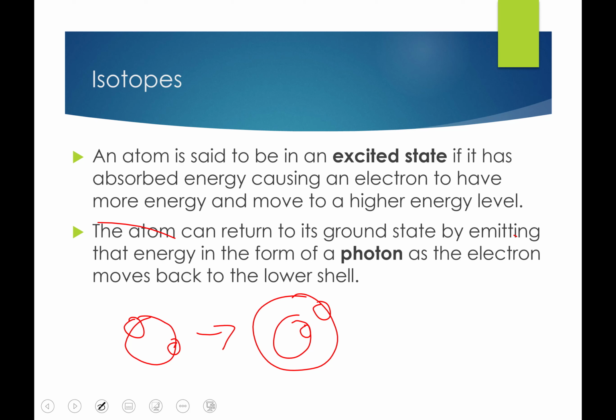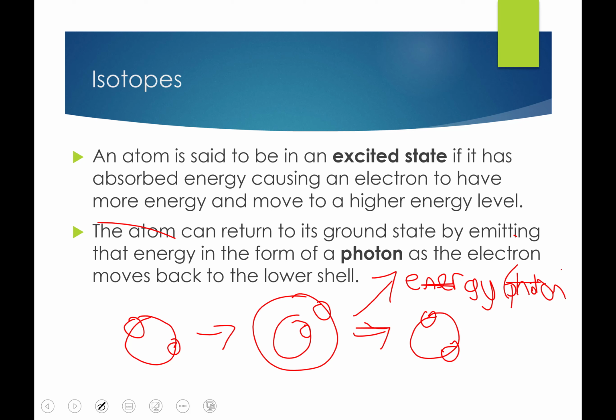The only way it can return back to its ground state is by releasing energy also. And my pen has died, so I'm writing with my finger. I apologize for the poor handwriting. That energy comes in the form of a photon. So it releases some energy. That energy allows that electron to move back down to its original shell.